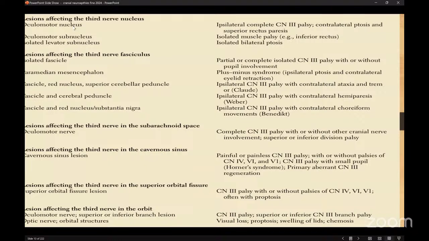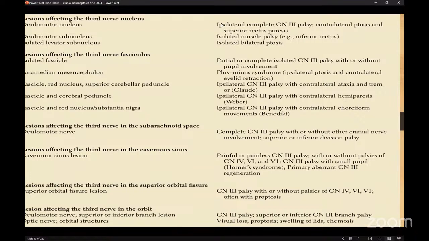Okay, so if there is third nerve nucleus involvement, as we discussed, we can expect an ipsilateral complete third nerve palsy. There can also be ptosis on the other side and superior rectus involvement on the other side. So because the central caudal nucleus is involved, you can have bilateral ptosis and superior rectus palsy on the other side.